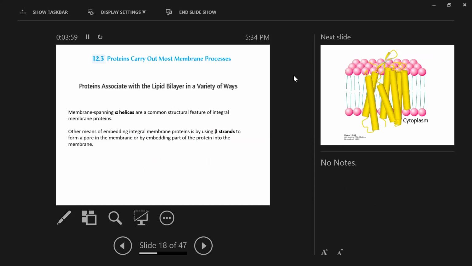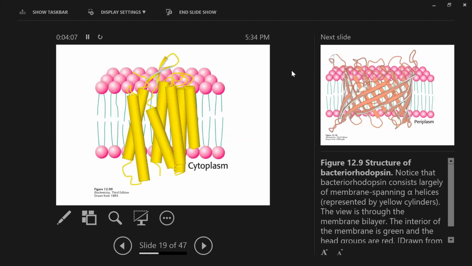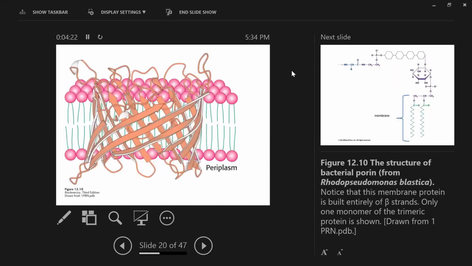So we're going to see some pictures here. Some membrane proteins will be mostly alpha helical, and some will be beta sheet. This example of an alpha helix we're representing as a cylinder. They're just showing you it being mostly intrinsic in this example. Same with this beta sheet.